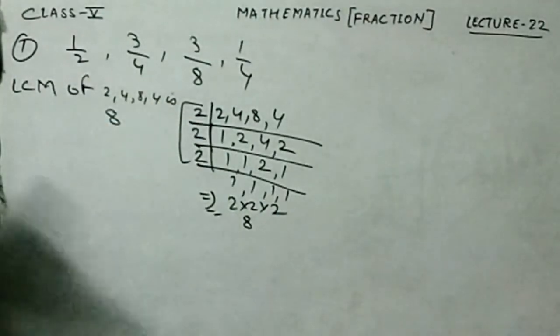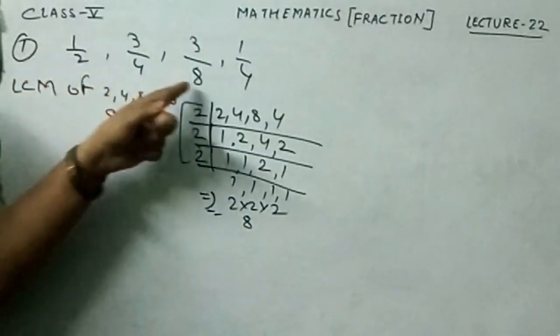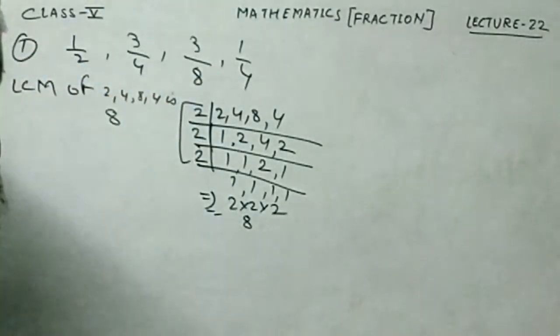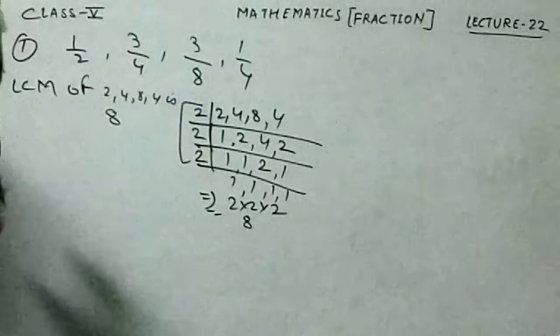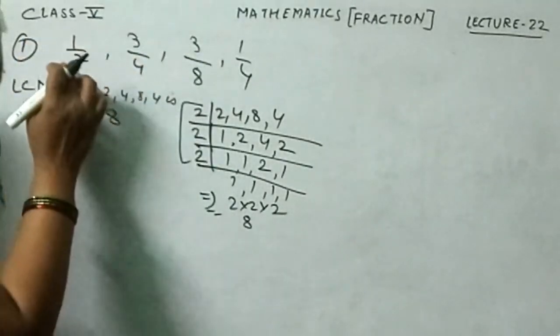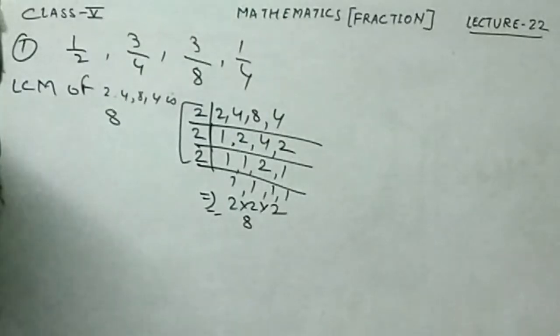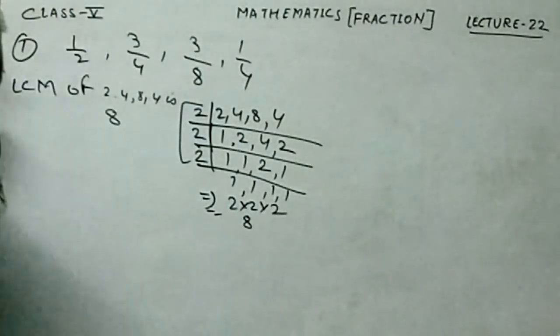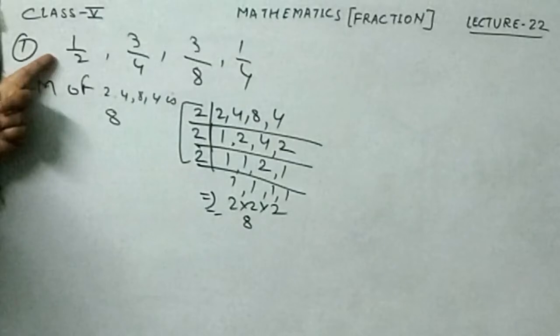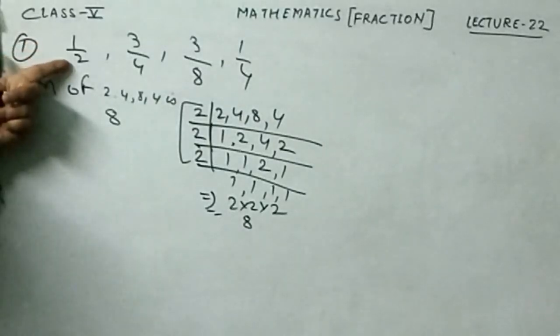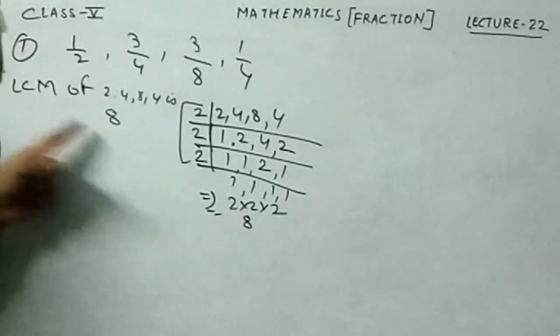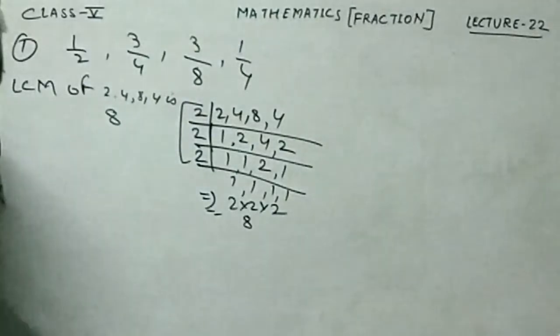Students, when we get the LCM of the denominators, it is easy for us. What do we have to do? We have to make all the fractions' denominators equal to 8. Then how is it possible?